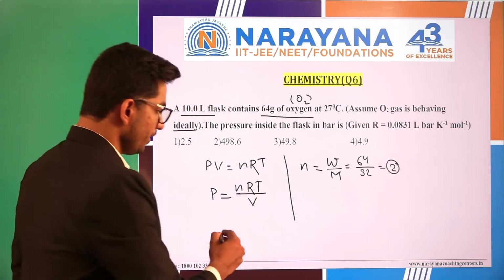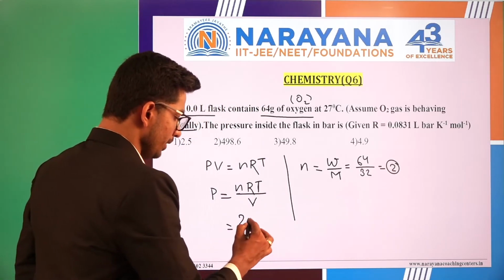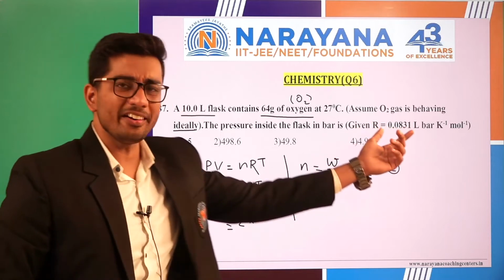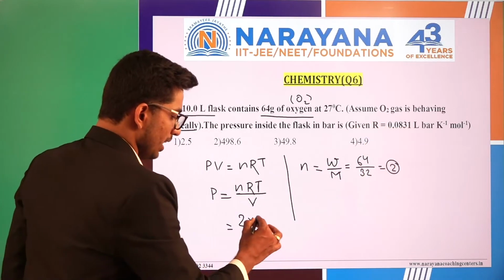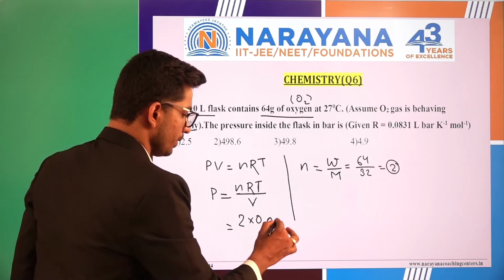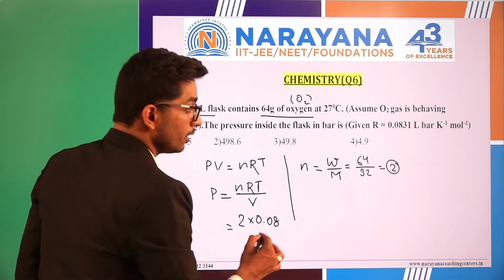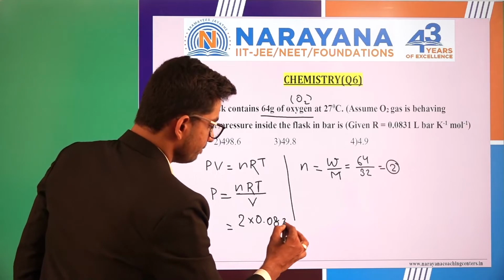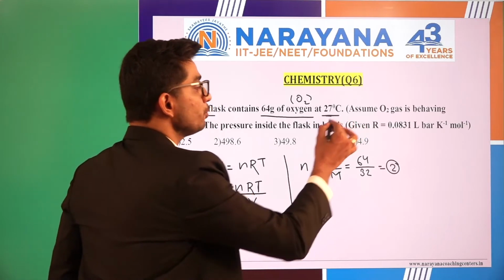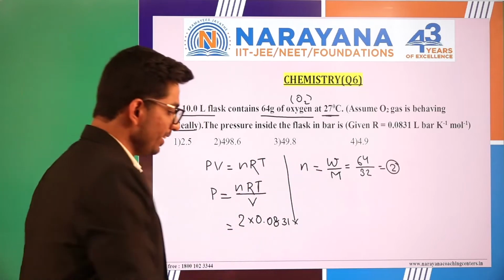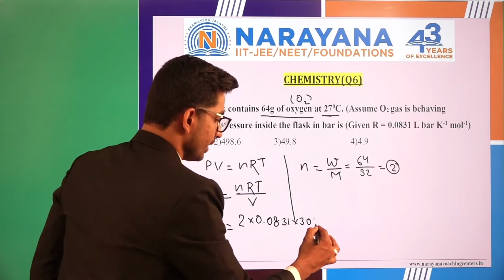Fine. So here we can put 2 into the expression, the value of R is already given in terms of liter bar Kelvin inverse mole inverse, and this is 0.0831, into temperature, 27 degrees Celsius. We have to get that in Kelvin. So in Kelvin it will be 300 Kelvin.